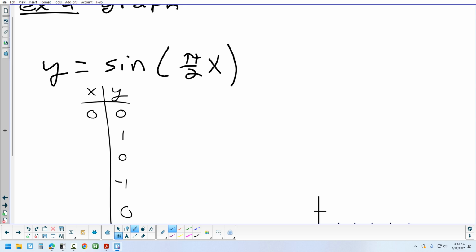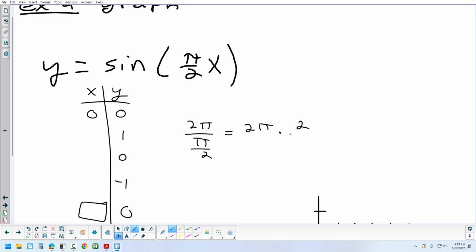Now, what's my formula to figure out where the graph is going to stop? 2 pi over b. Now that's the same problem we had with 2 pi divided by a fourth. Instead of thinking of dividing by a fraction, we're going to multiply by what? 2 over pi.